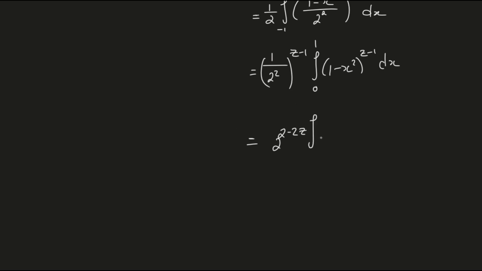times the integral. Before we do that, actually, I want to do another substitution. We're going to let x squared be equal to t, which implies that x is equal to t to the 1/2, which further implies dx is 1/2 t to the negative 1/2 dt.